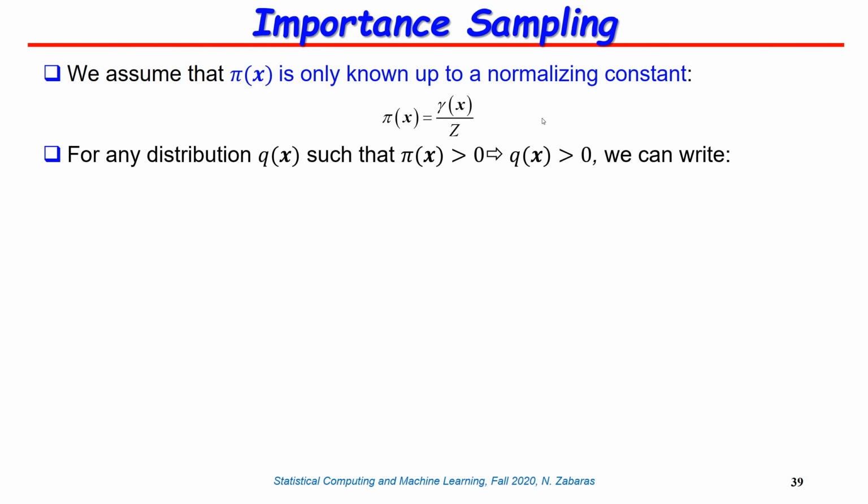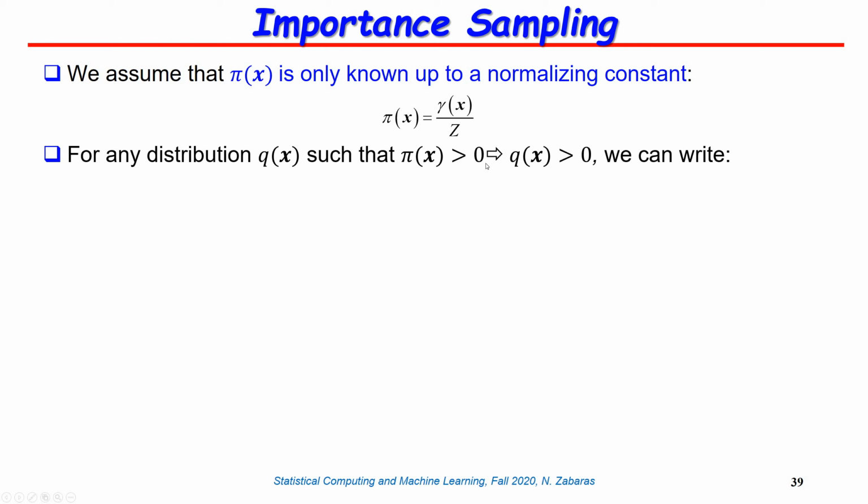So again, the idea is this distribution here is very difficult to sample directly. We will instead sample from q of x, and the only assumption that we make for q of x to start with is that the support of q of x includes the support of the original distribution pi of x.